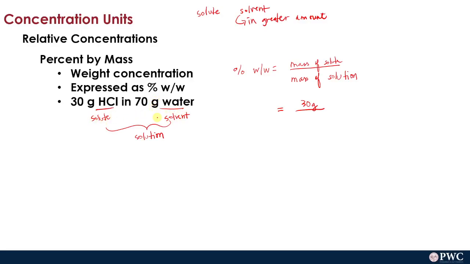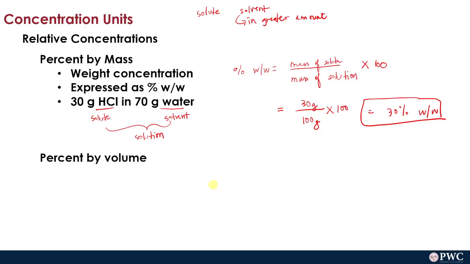We have 30 plus 70, which is 100 grams. And this is percent, so always multiply by 100. If you solve this, we have 30%. So this is the weight concentration, or the percent by mass of the solution.